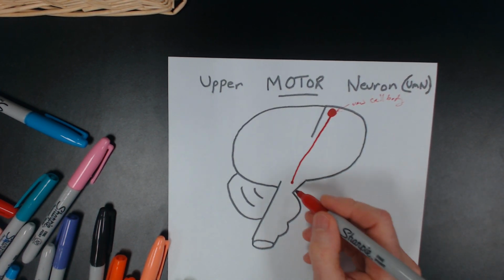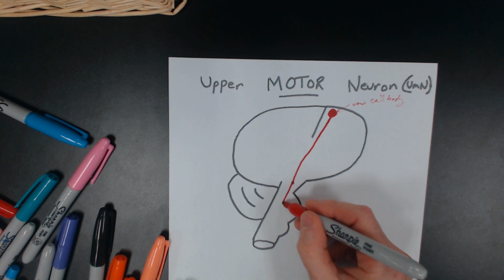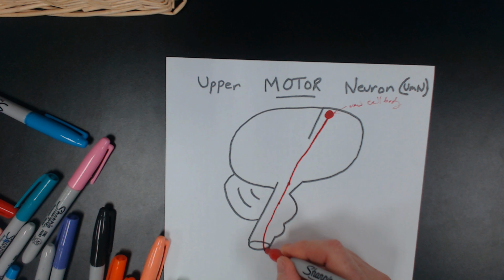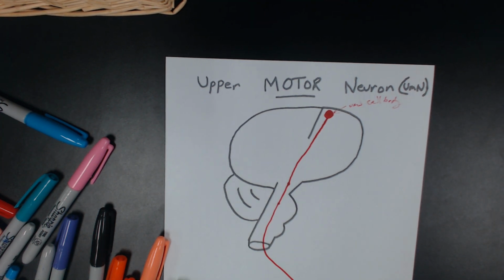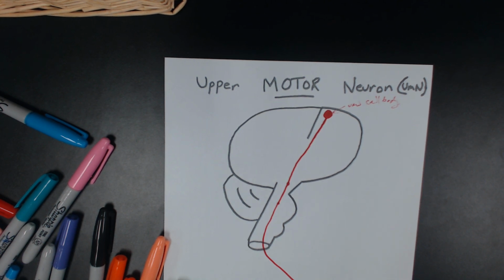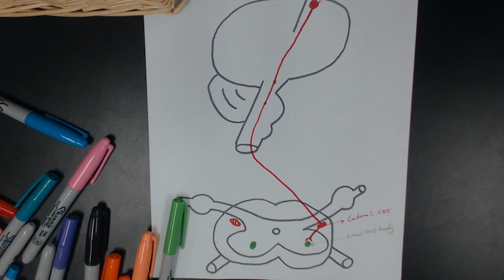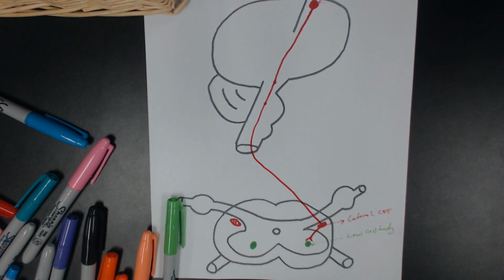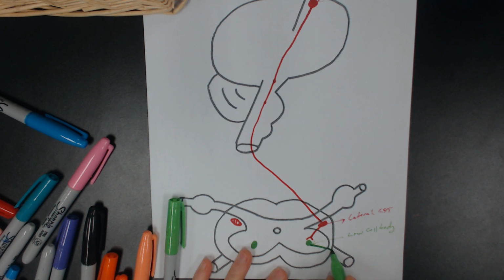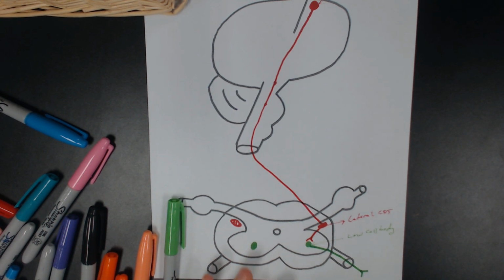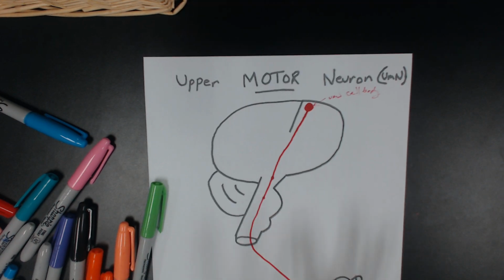I'm not going to differentiate left from right for right now. Then it travels through the lateral corticospinal tract, and at its appropriate spinal level it comes out and synapses with the lower motor neuron cell body, which sends out axons. We've been doing it all day.